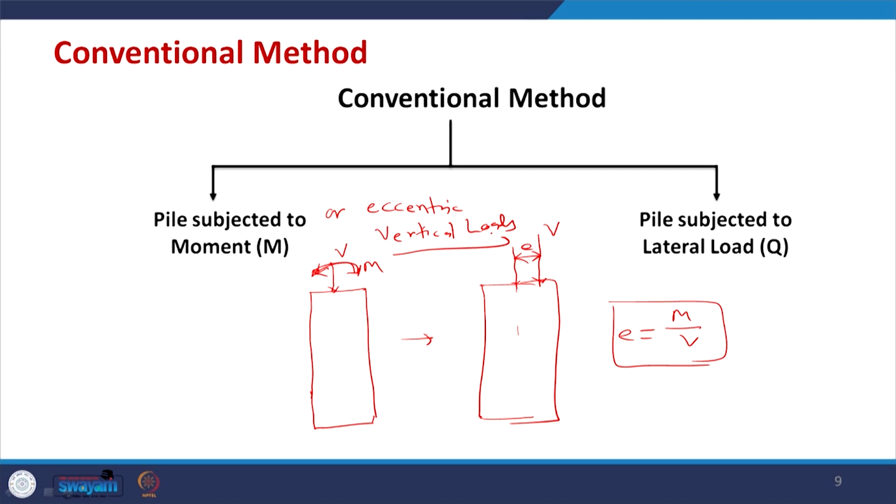We discussed this in detail when we talked about shallow foundations. And then the second is pile subjected to lateral load. Let us first discuss when the piles are subjected to moment.